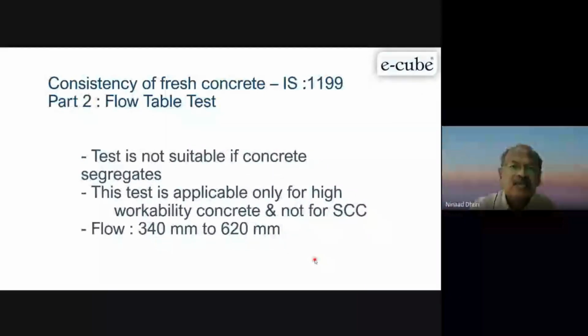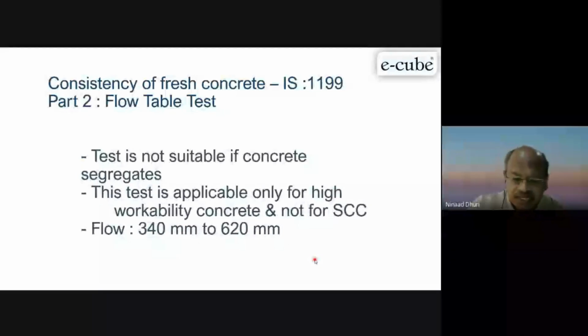Earlier this test was also given in IS code 9103, which is for your admixture. That same test is now included in 1199 fresh properties: the flow table test, for high workable concrete subjected to vibration.